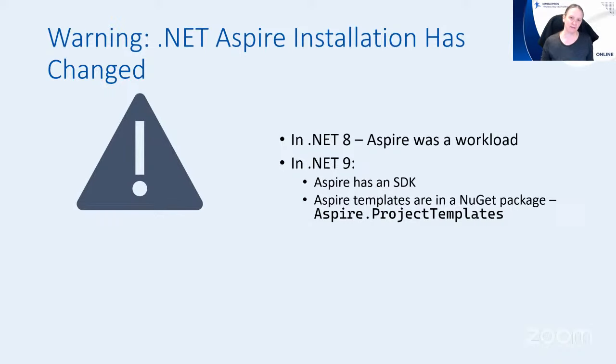If you go into the Visual Studio installer for the ASP.NET workloads, you just need to check that Aspire SDK. Once you check that and tell it modify, it'll add the SDK for you. So be warned, Aspire has changed their installation, and if you already have it installed with .NET 8, you will want to reinstall it for .NET 9 with the SDK approach.